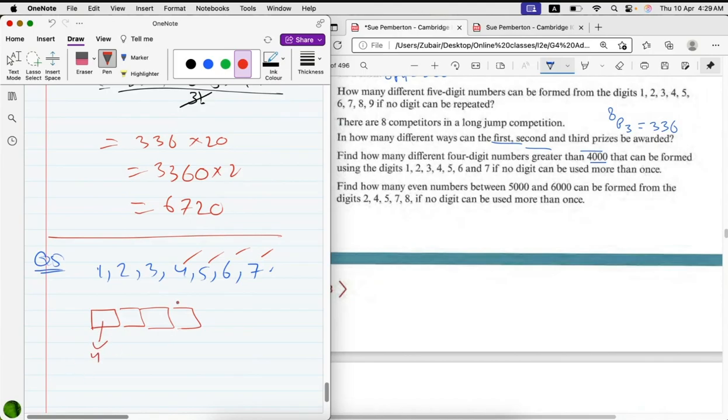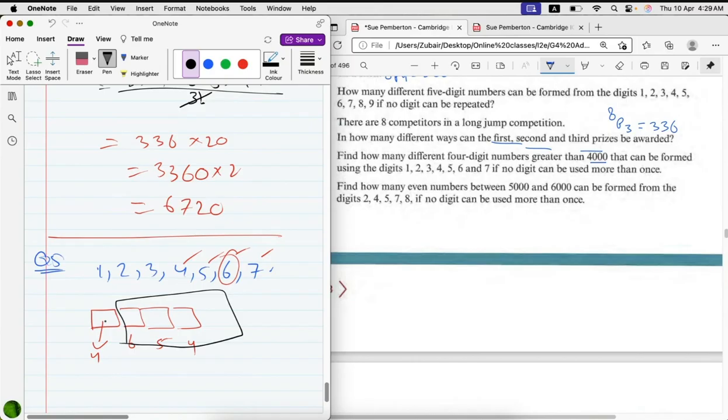Once I've made my choice, definitely there's one number going in this box. If I choose any one of these, now I'm left with 6 choices. So 6, 5, 4. Once I've made my choice for the first box, now I can put anything in the second box.